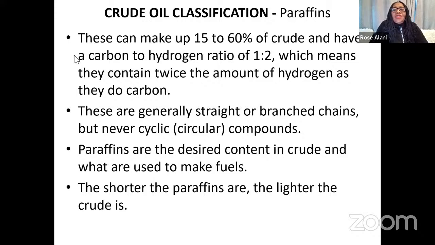It means it contains twice the amount of hydrogen as it contains carbon. These are generally straight chain hydrocarbons, either straight or branched, but never cyclic. Cyclic is not paraffin. So paraffins are the desired contents in crude oil, and these are the ones that are most useful as fuels. The shorter the paraffins are, the lighter the crude is.